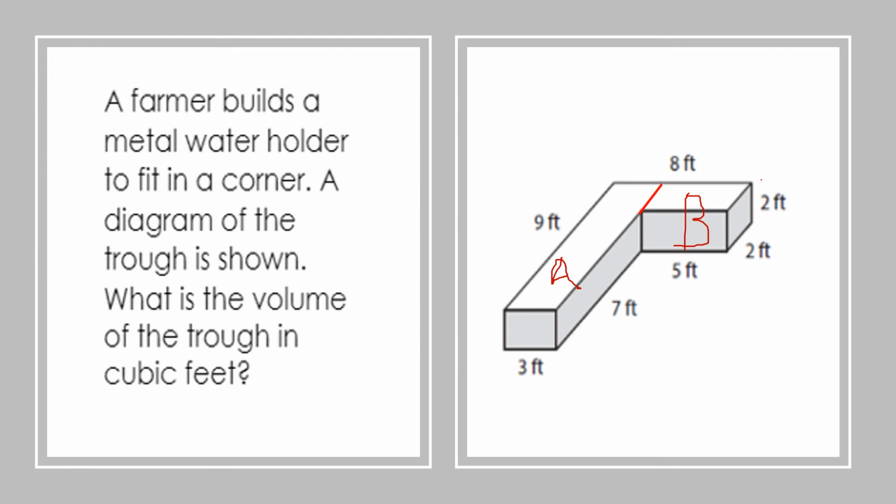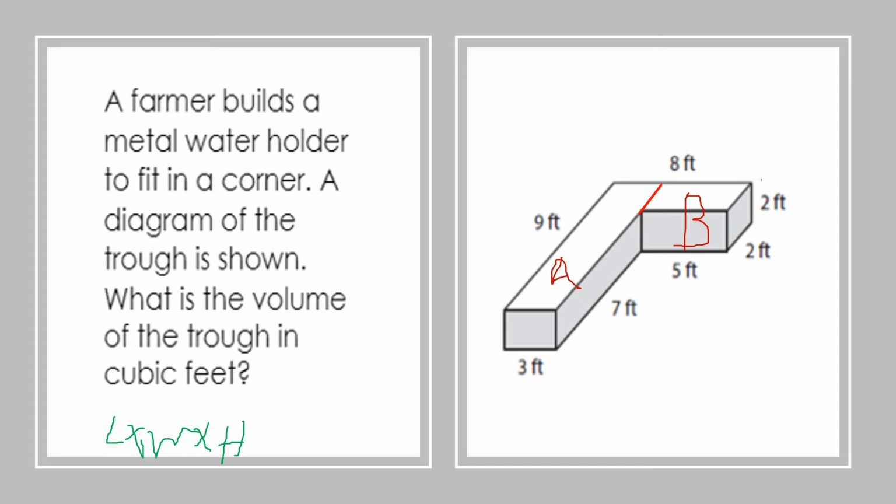I divided it to make two separate prisms, and I'm going to find the volume for prism A, find the volume for prism B, and then I add them together, and it should give me the volume for the entire figure. Okay, so let's start. Let me write this down so I always have it somewhere where I can see it, my formula for volume. I'm going to put it down here, length times width times height.